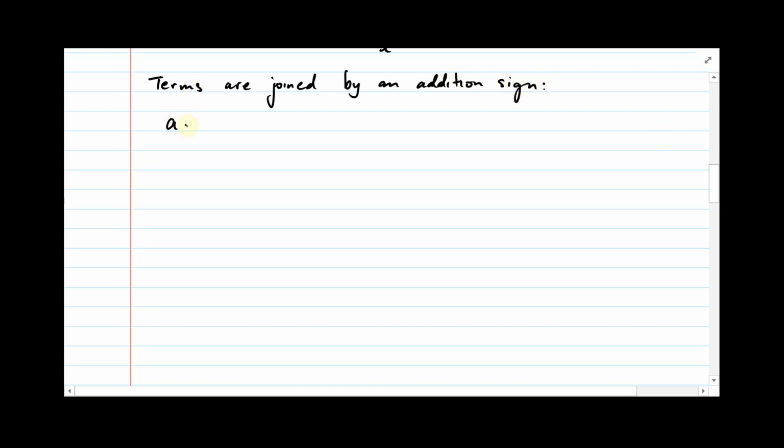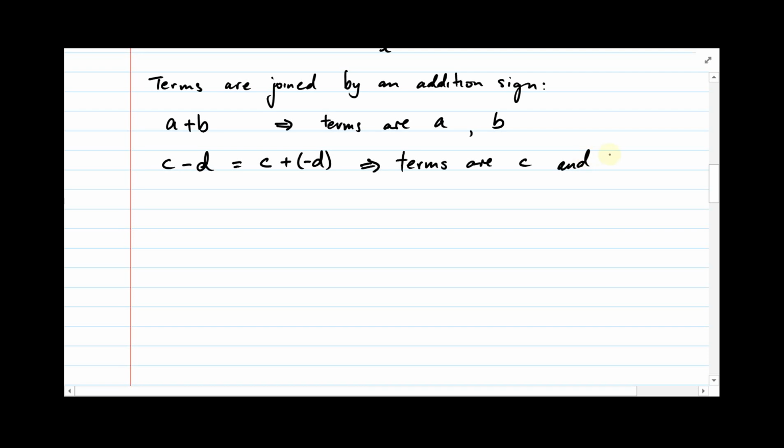So if I gave you a plus b, it means that the terms are a and b. On the other hand, if I gave you c minus d, do remember that c minus d is the same as c plus negative d. So in this case, the terms are c and negative d.